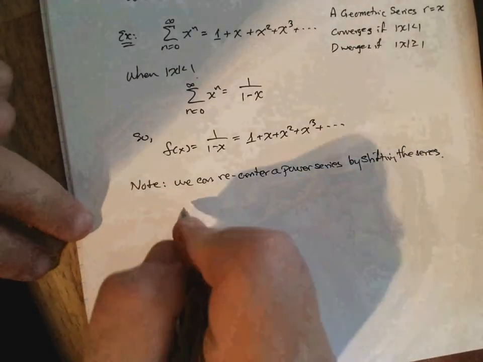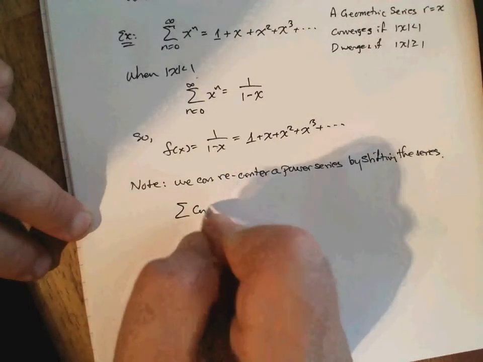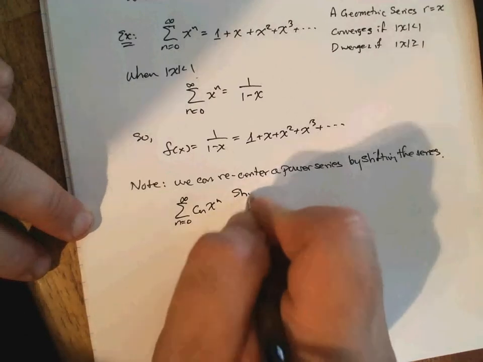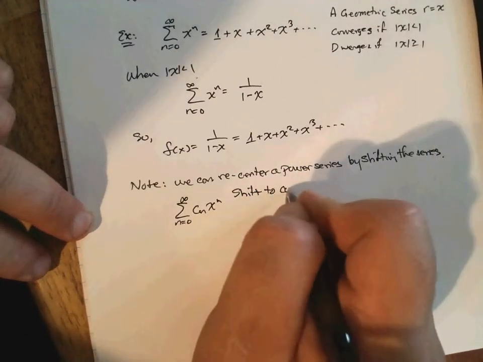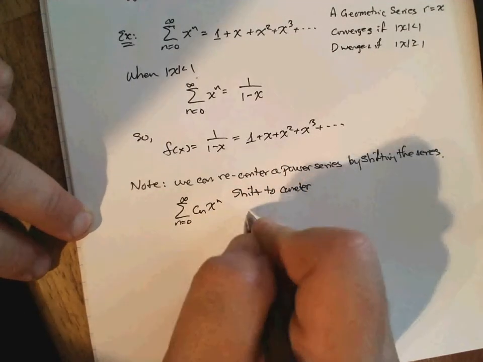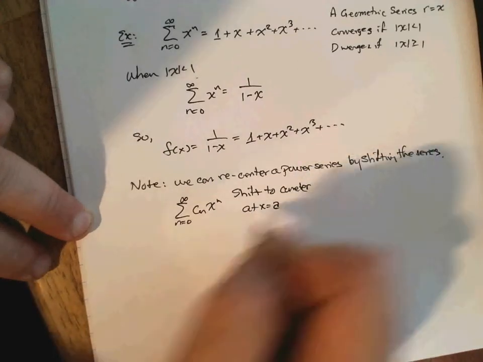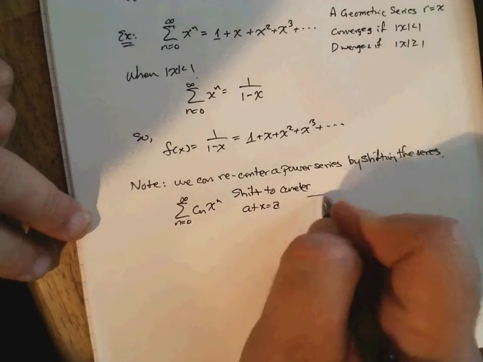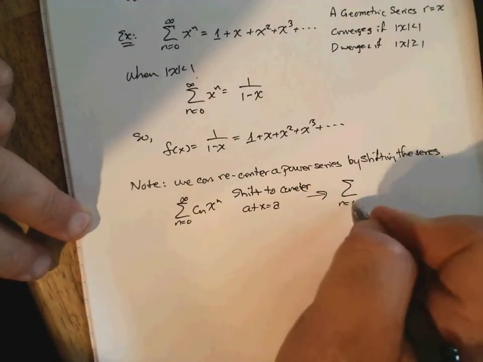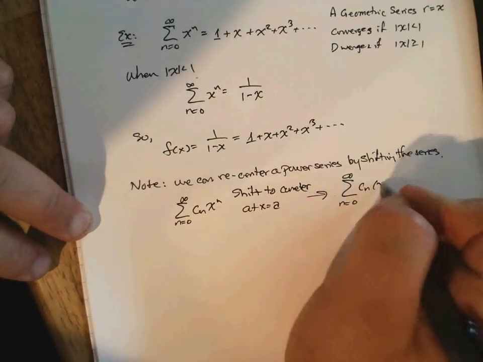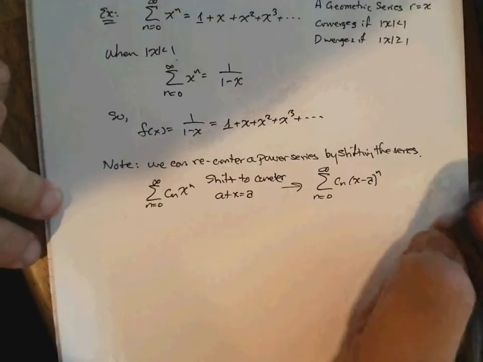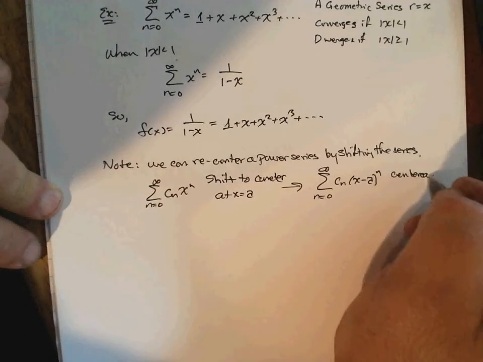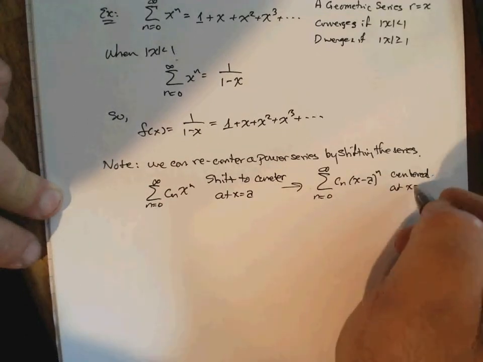You've got this power series, and we want to shift to center at x equals a. Well, the way we do that is we simply subtract a from the x. Now this power series is centered at x equals a.